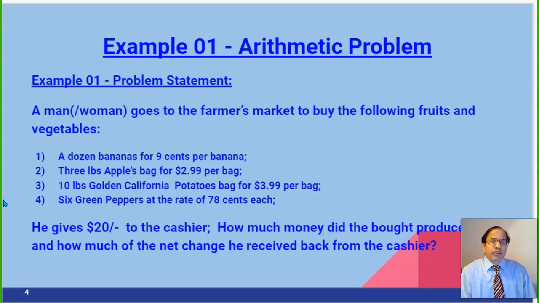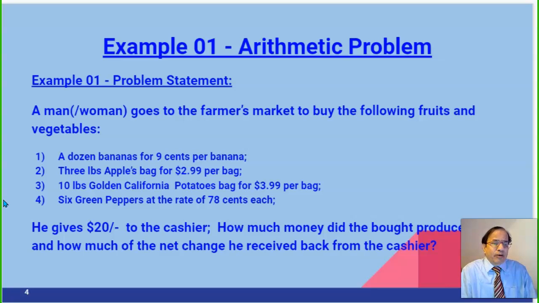The first example, on an arithmetic problem, states the following. A man or woman goes to the farmer's market to buy the following fruits and vegetables. He buys a dozen bananas for 9 cents per banana. He buys a 3 pounds apple bag for $2.99 per bag.